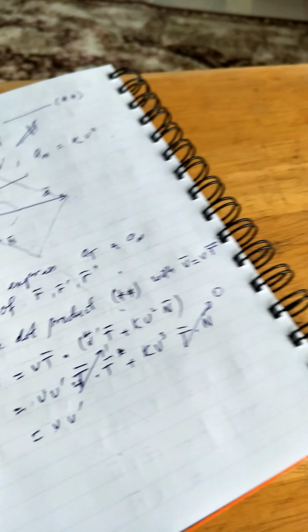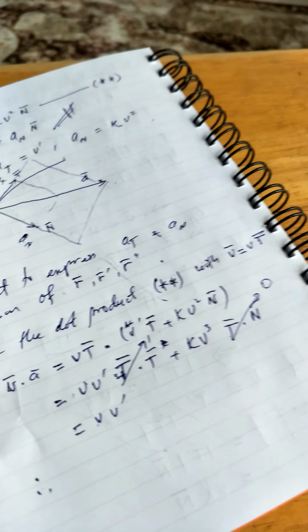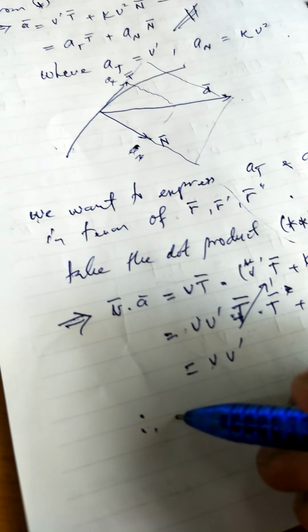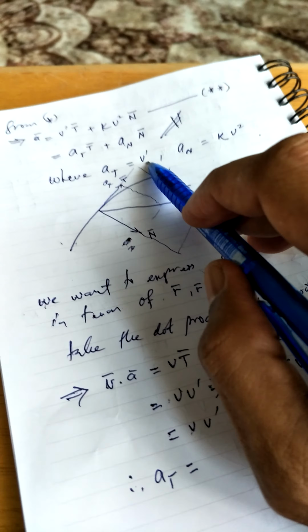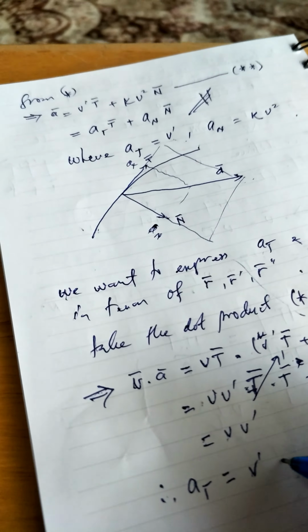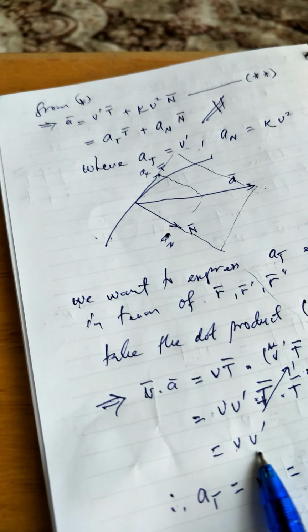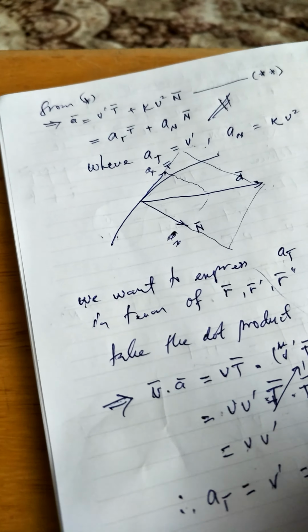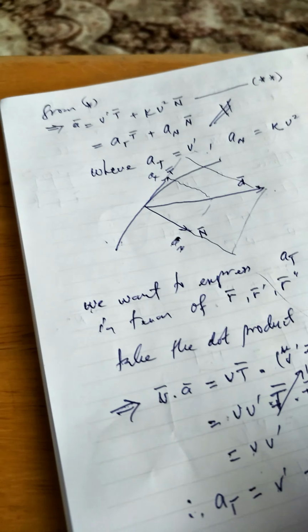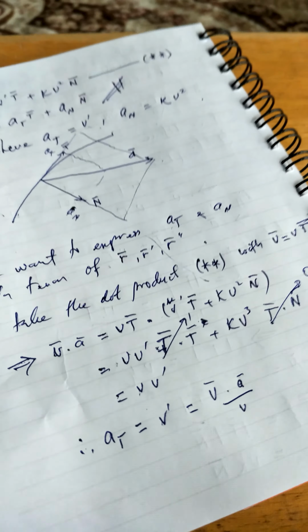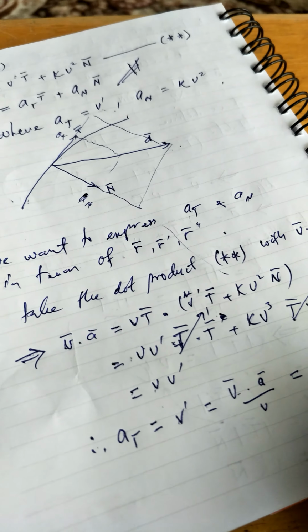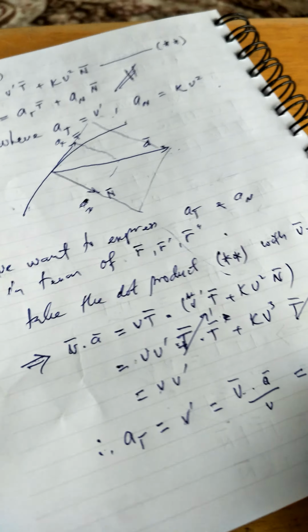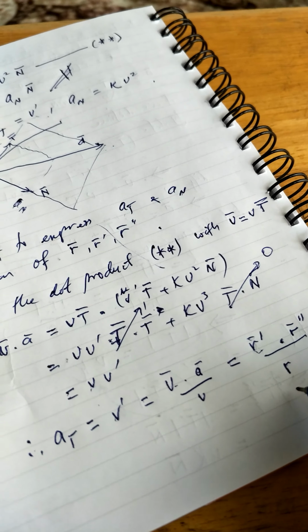Therefore, our AT is v prime. This v prime, you can write as v dot a over the magnitude of v. Here v is r prime, a is r double prime, and the magnitude of v is the magnitude of r prime.